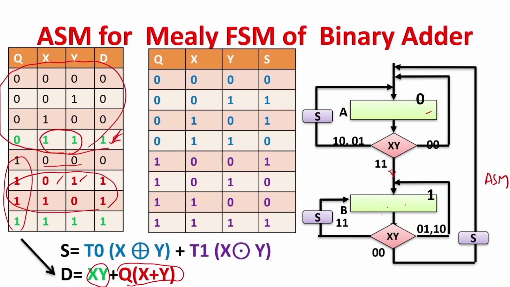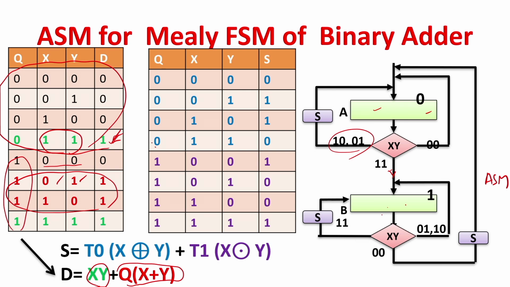So, this will be the next state logic, and what will be the output logic or Z logic? At what point is S equal to 1? If you look at this, state 0 with inputs 1 0 and 0 1.